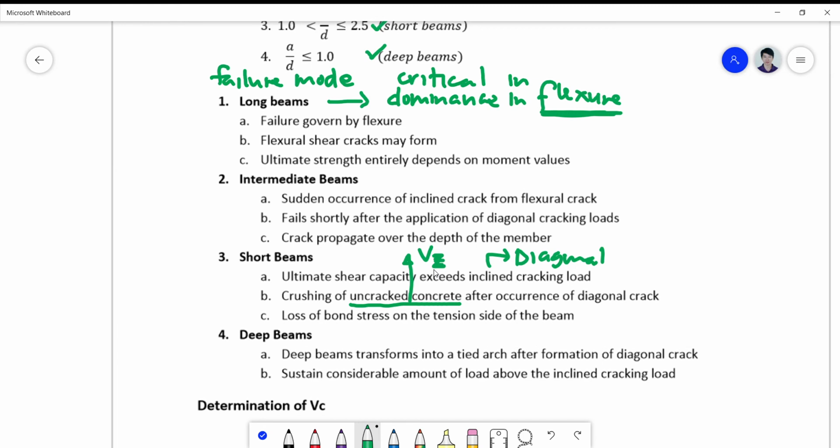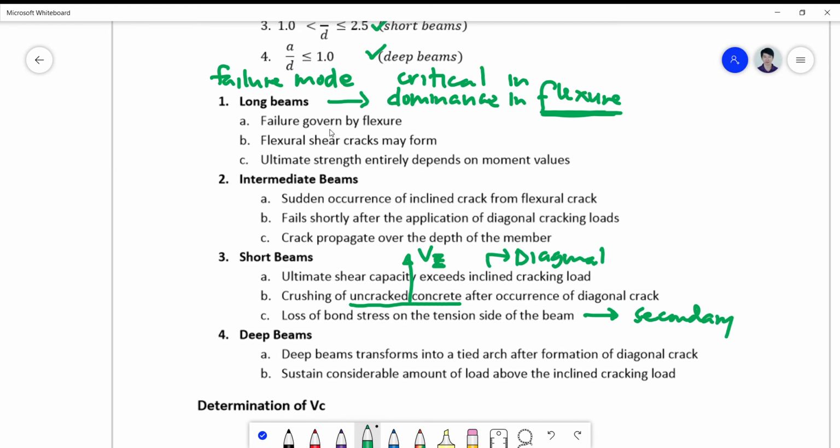And then for letter C, there will be a loss of bond stress on the tension side of the beam. This is actually a secondary effect, or a secondary failure that is attributed to the secondary cracks that we ought to understand later.